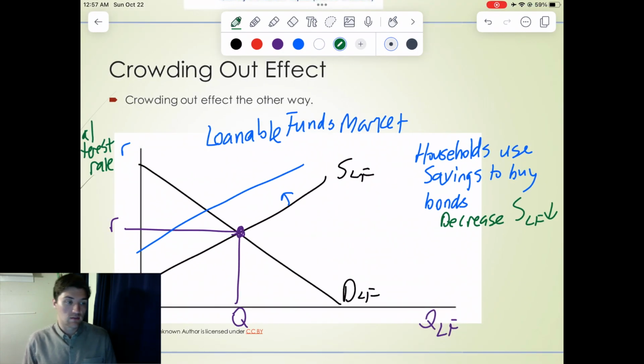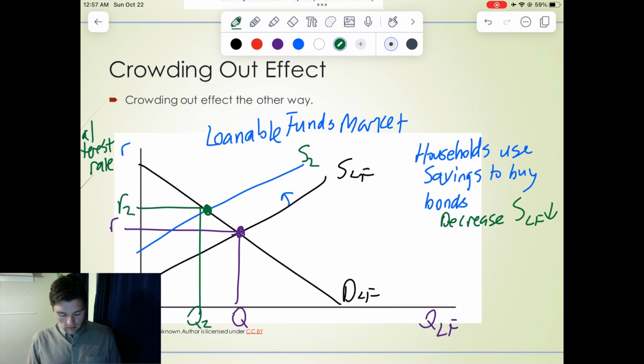Basically, because the bank is where your supply of loanable funds is, and you take your money out of the bank, this decreases the supply. So therefore, we're going to shift it to the left. Let's call it S2. So this right here is your new equilibrium. That's R2, Q2.